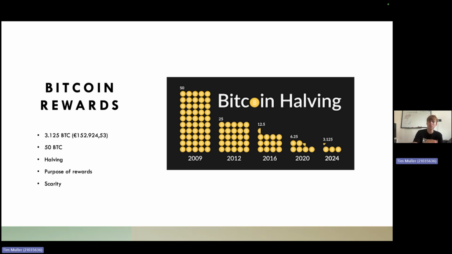Every 4 years, the Bitcoin reward gets halved, which means less and less Bitcoin is introduced into circulation, which makes it more scarce and also more valuable in the eyes of some investors. The purpose of these rewards is to give the participants of the blockchain incentives to keep participating, but also to introduce new Bitcoins into circulation.